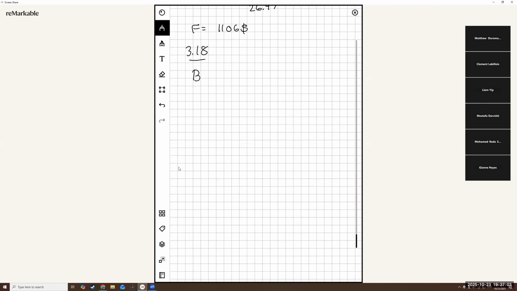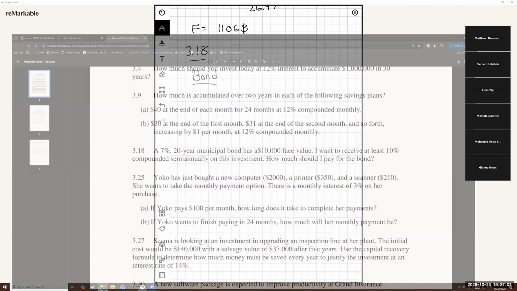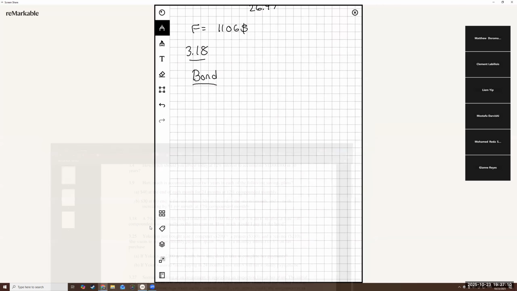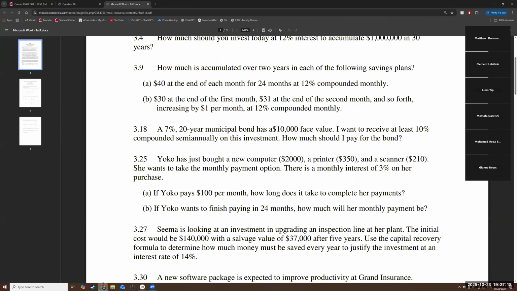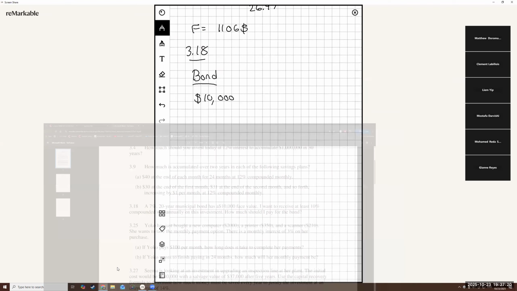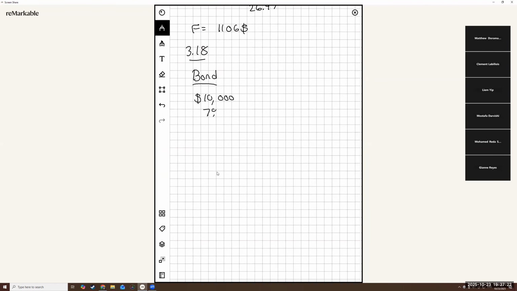So we have a bond. It has a face value of $10,000. And it is 7% and 20 years. If you don't understand how a bond works, think of it as if you were to take a $10,000 loan.